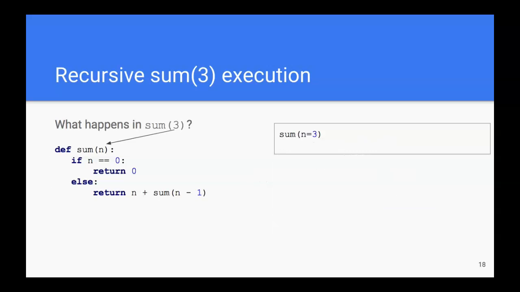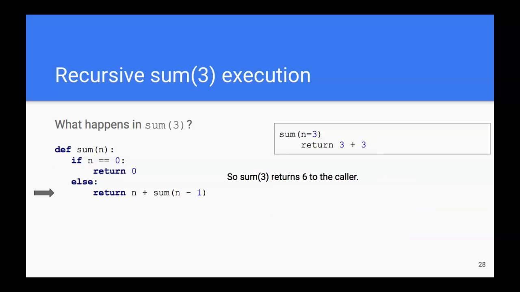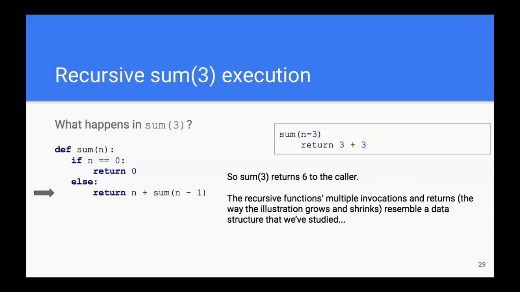This is the beginning, and then we do sum of 3, sum of 2, sum of 1, sum of 0, and so it grows, and then now we go back, because we're returning now. So what did that look like to you? When the recursive function is called multiple times, it then returns multiple times.